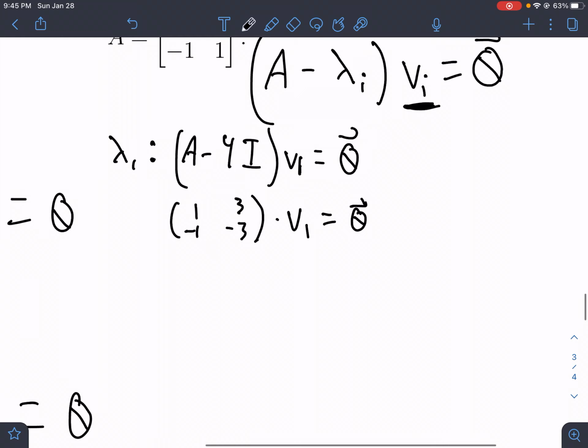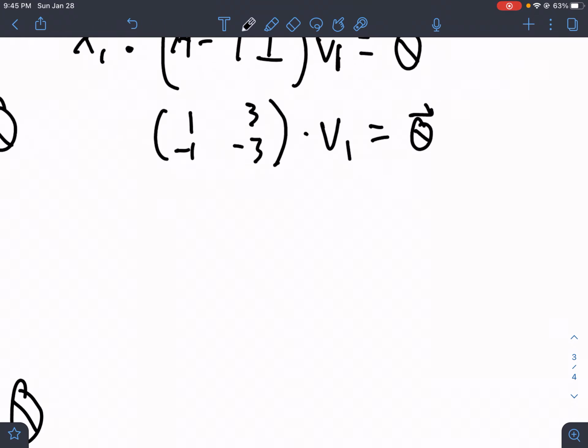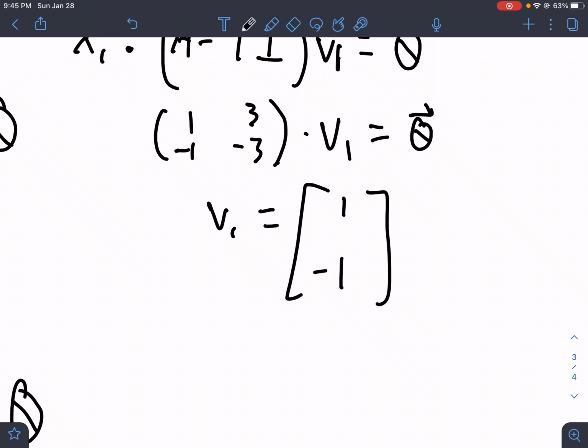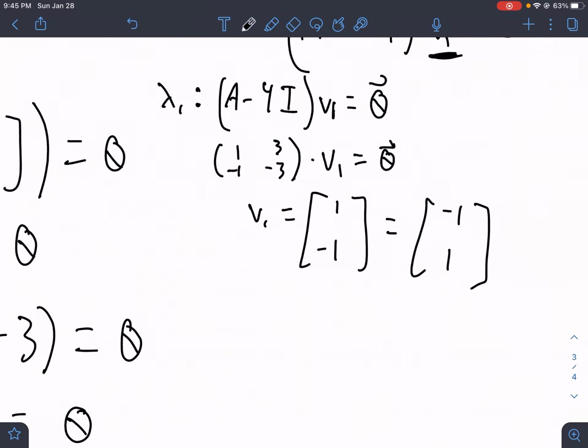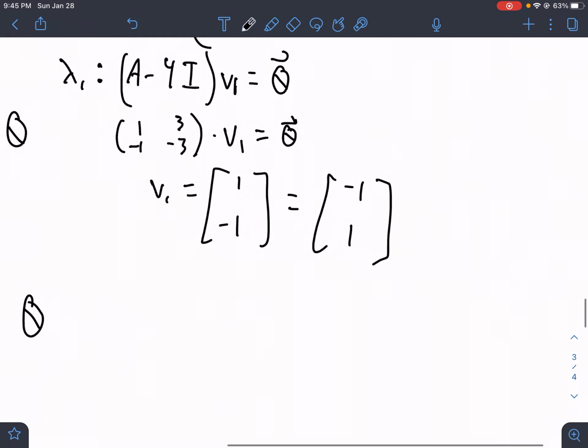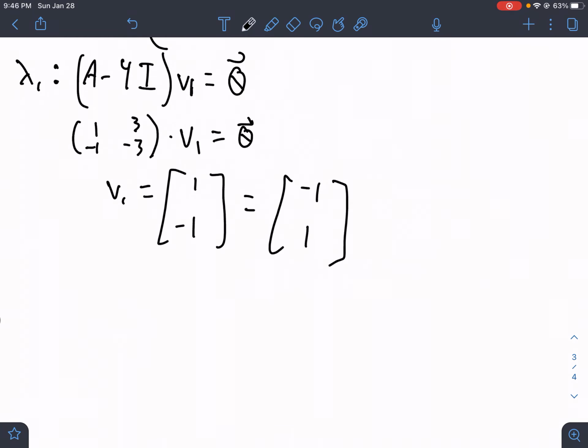Now, in this case, you're going to have to find the vector V that when you multiply it with A, you get the 0 vector. In this case, I think it's rather obvious that V equals 1, negative 1, or you could say it equals negative 1, 1. They're both pretty much equivalent in this case. So let's just say this is our first eigenvector.